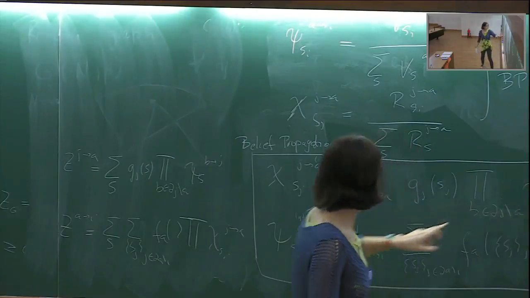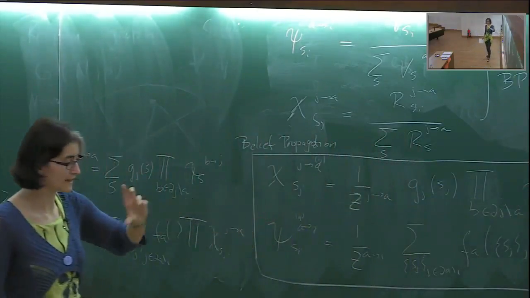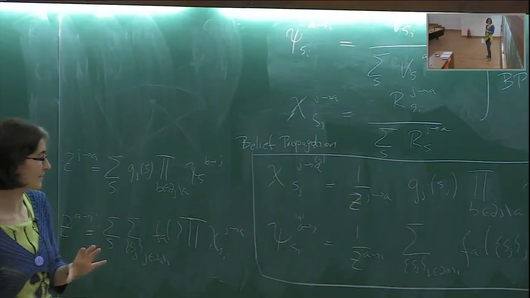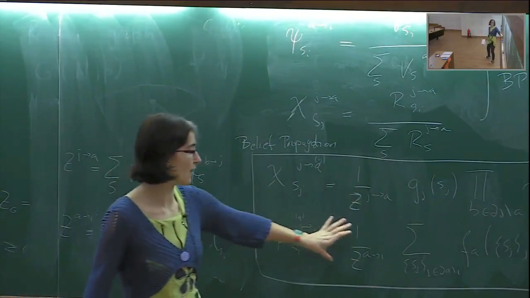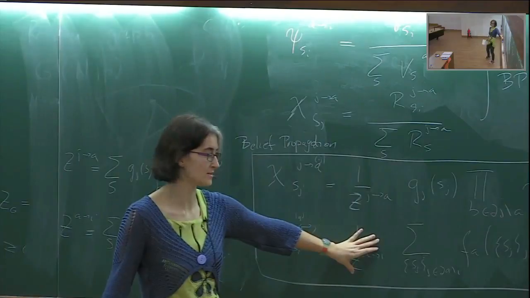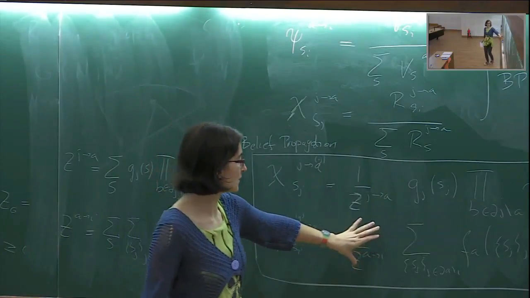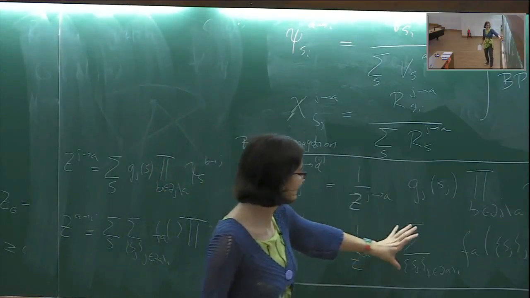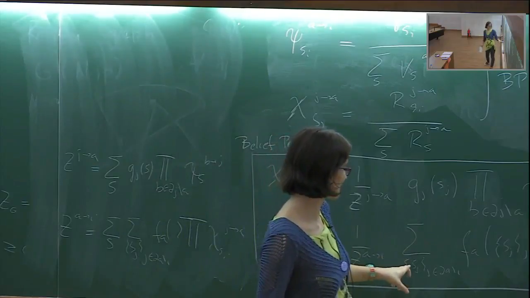And the other type of messages is, again, a vector of Q components with non-negative elements that sum to 1, that's assured by this normalization. And in order to compute it, it's slightly more complicated because there is this sum.